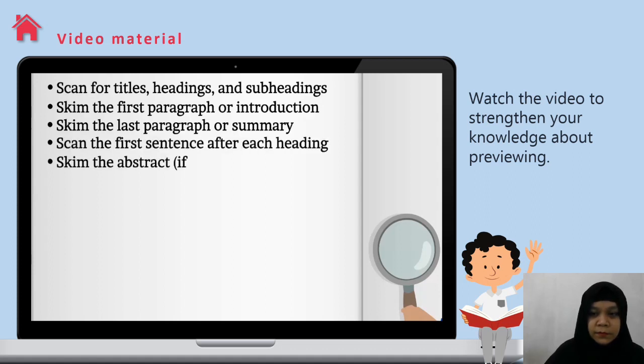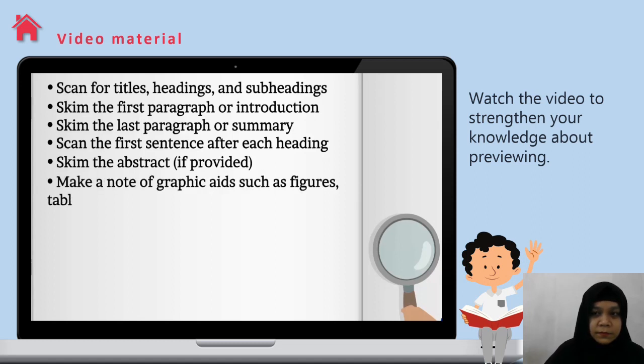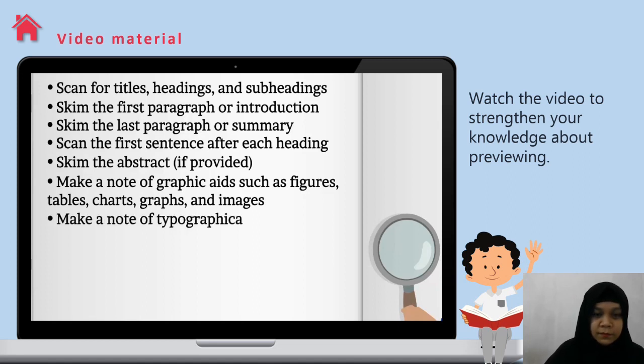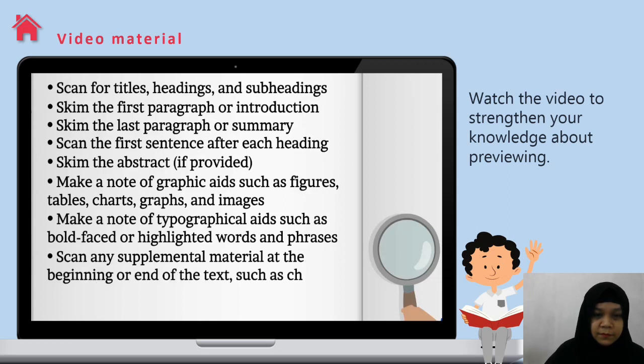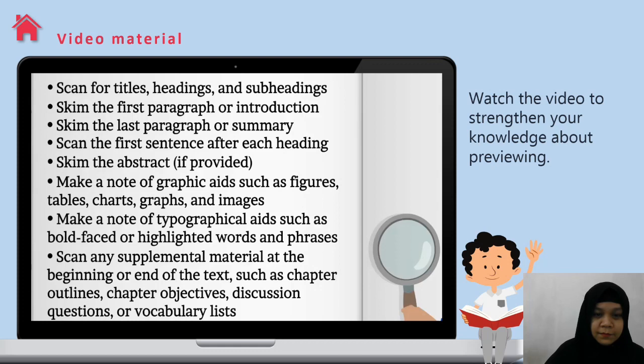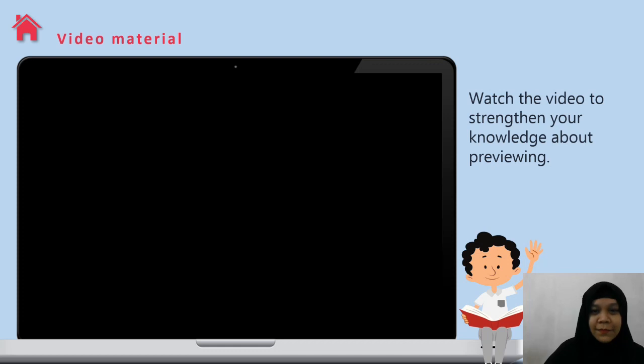Skim the abstract, if provided. Make a note of graphic aids such as figures, tables, charts, graphs, and images. Make a note of typographical aids such as bold-faced or highlighted words and phrases. Scan any supplemental material at the beginning or end of the text, such as chapter outlines, chapter objectives, discussion.